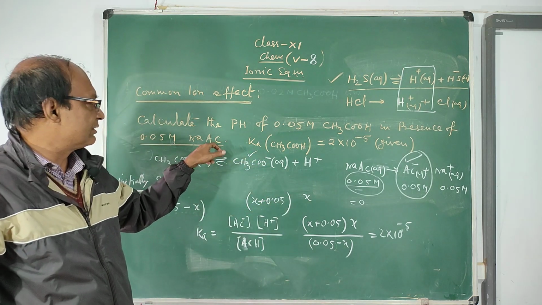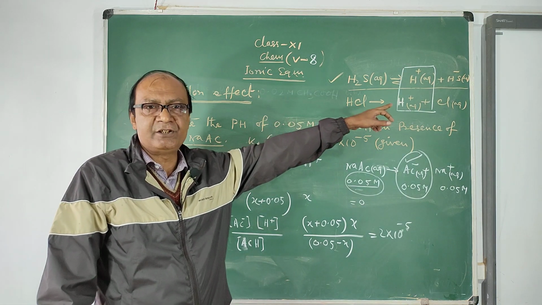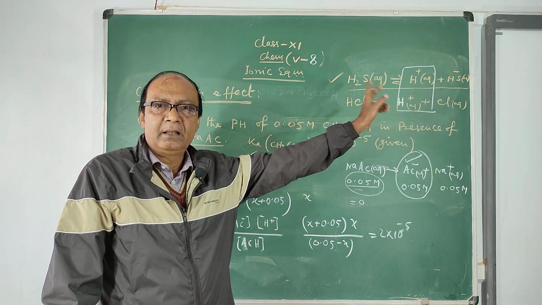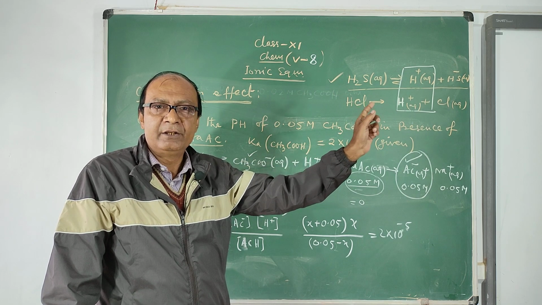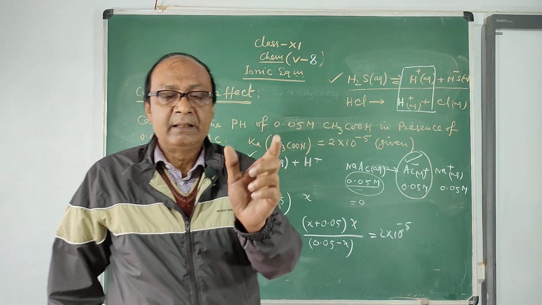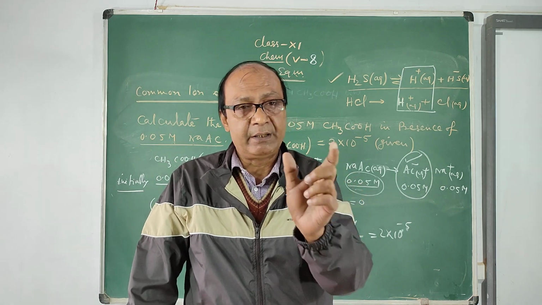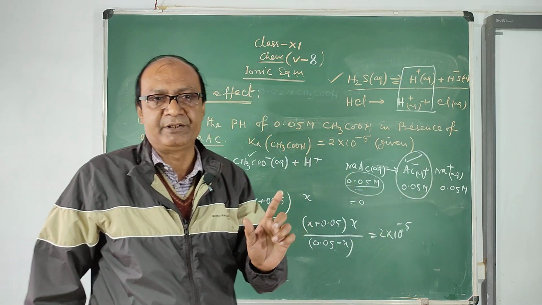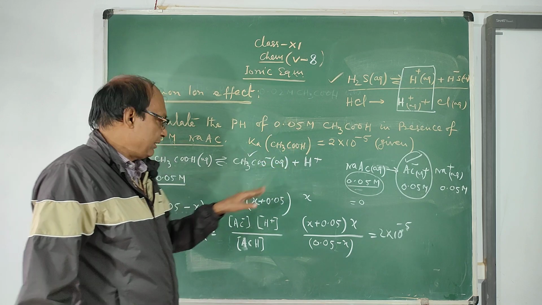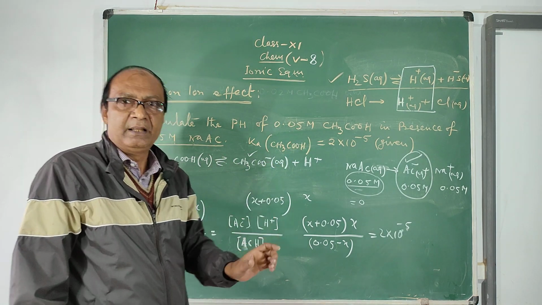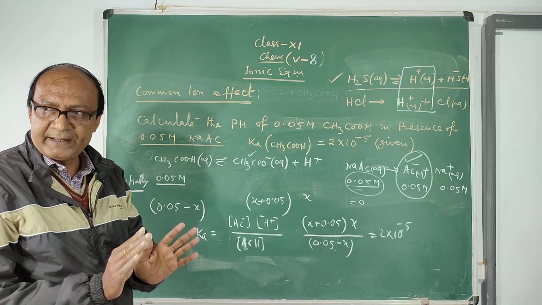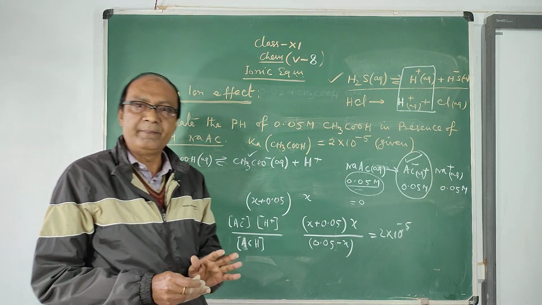If you increase the concentration of any one of the species on the right hand side, the process will shift accordingly in the backward direction so that the value of the equilibrium constant remains constant at a particular temperature. That's why it is happening, because the Ka value does not change until we change the temperature. Therefore, the Ka value will remain the same.